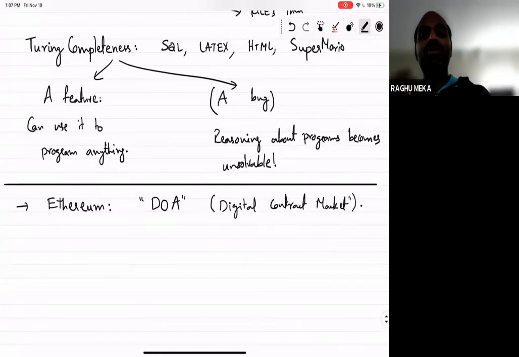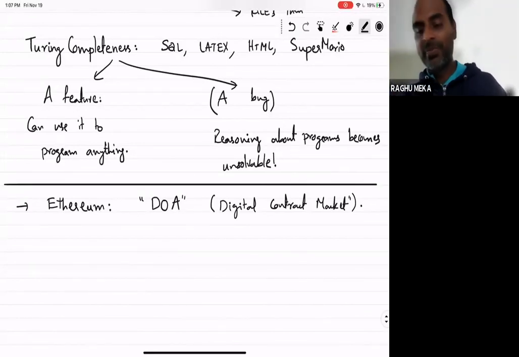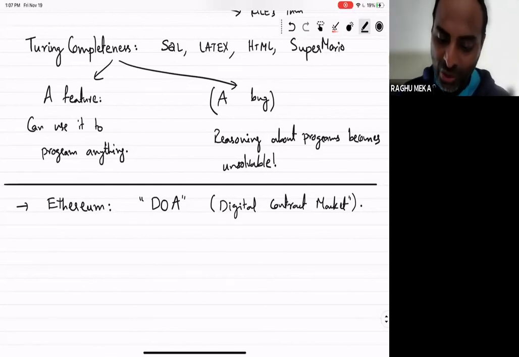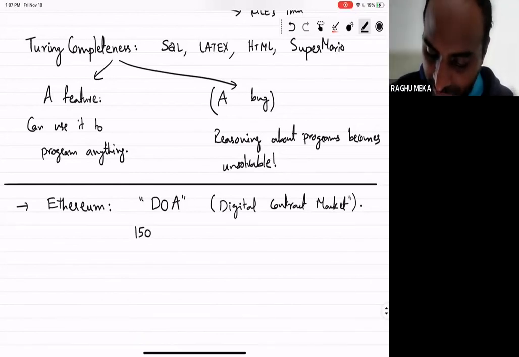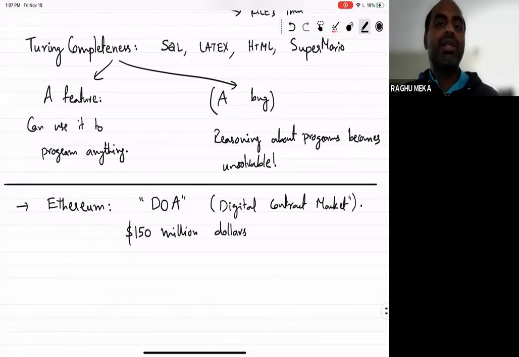Okay, so they wanted to build this whole new market based on cryptocurrencies and based on blockchain technology to be able to do contracts online in a decentralized way. And at the height, this whole thing was running on Ethereum. You allocated Ethereum coins for it, and it was worth $150 million.